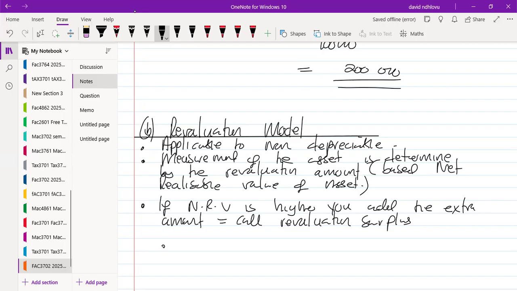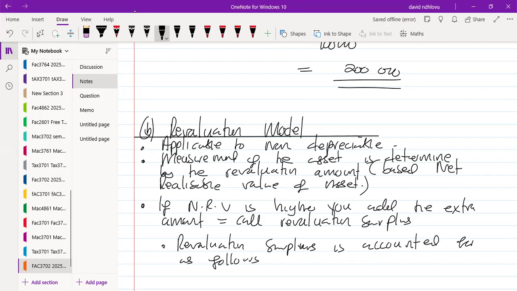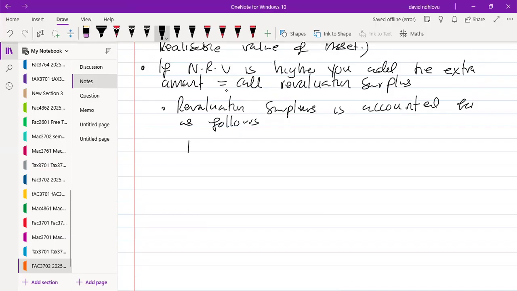The revaluation surplus that you would have added is accounted for as follows. In the P&L, remember this represents a gain, but it is part of other comprehensive income.